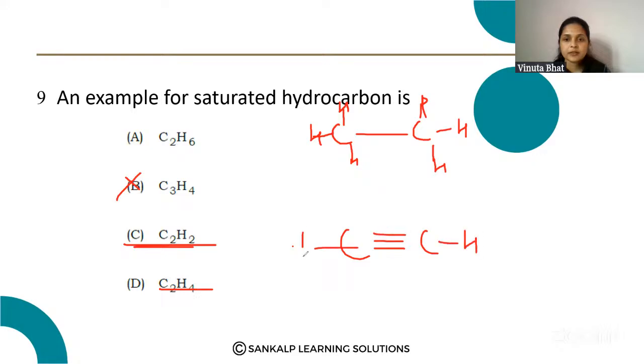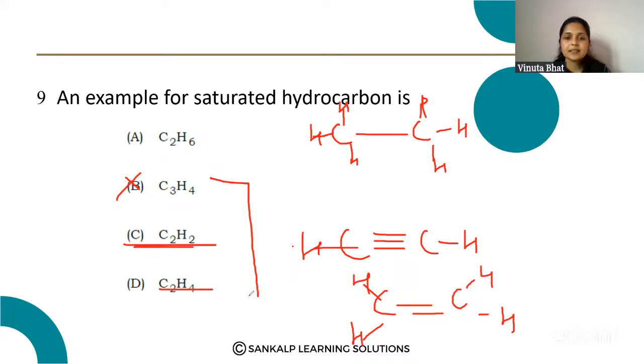In these three, you can see a double bond or triple bond between the carbon atoms. But in option A, you can't see double bonds between the carbon atoms, only single bonds. So option A is the correct answer.